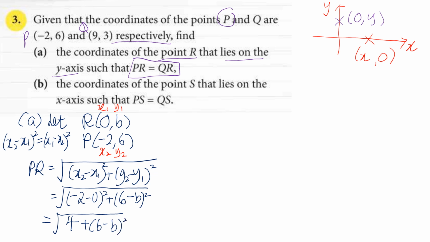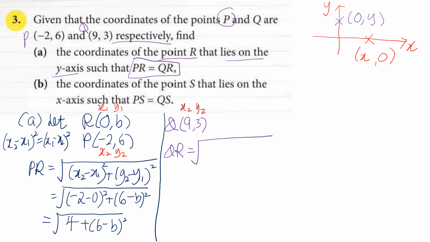Alright, then the next thing is that I'm going to find the distance for QR. So I have another point Q, which I'm given to be 9, 3. And since I've already labeled point R as x1, y1, I'm just going to label this as x2, y2. And then I need to find QR.